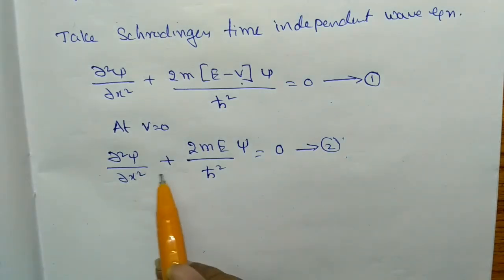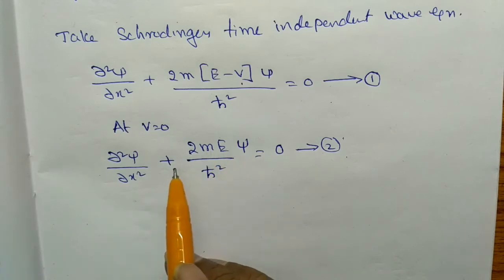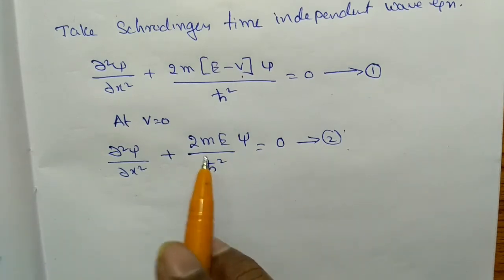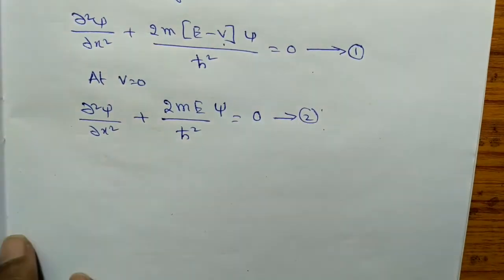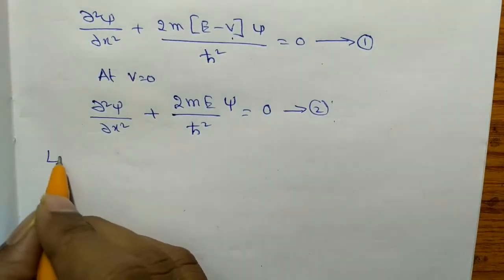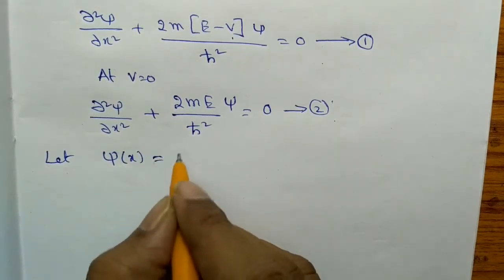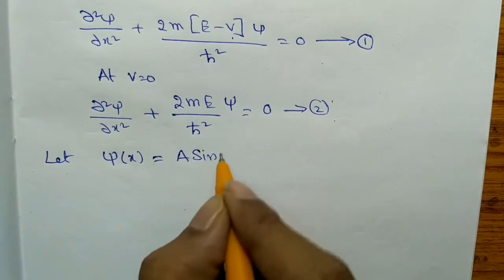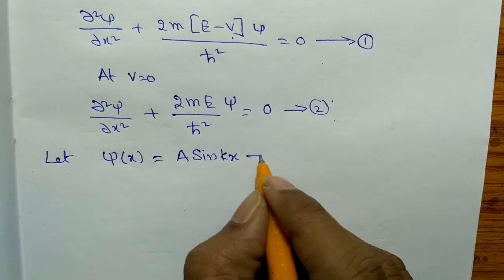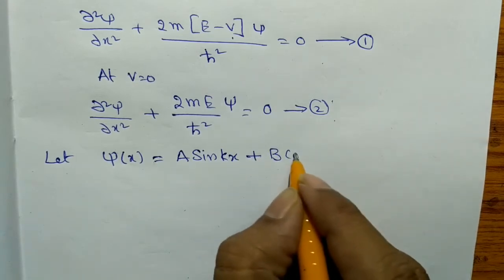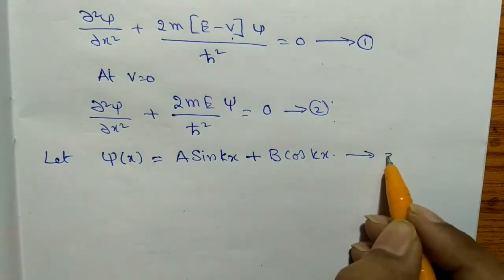Now this is a second order differential equation. For this equation we have to consider a general solution. Let psi of x is equal to a sin kx plus b cos kx be the general solution.